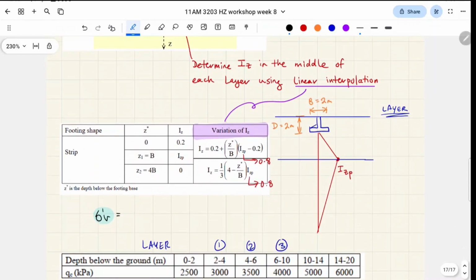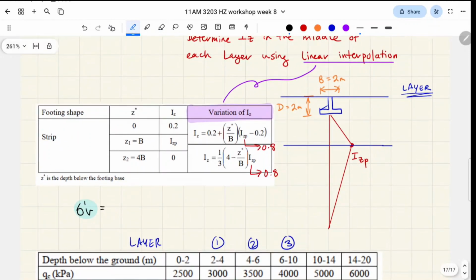Here I've drawn out what our question actually looks like, and here we're given some variables. We're given some information about how to calculate it for a strip footing. Our footing is 2 meters wide.